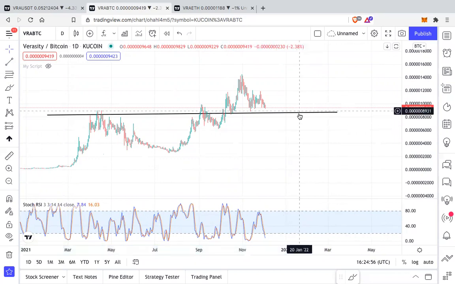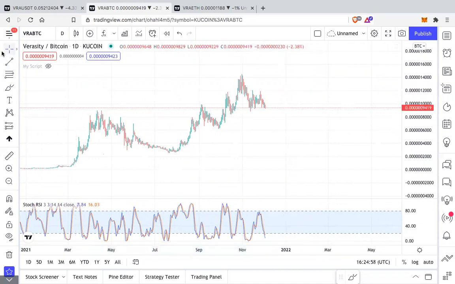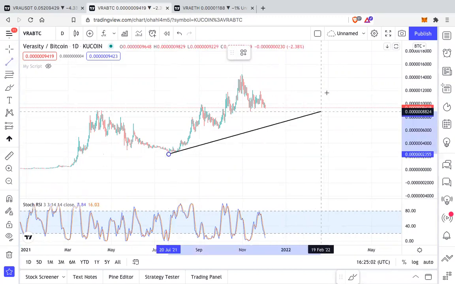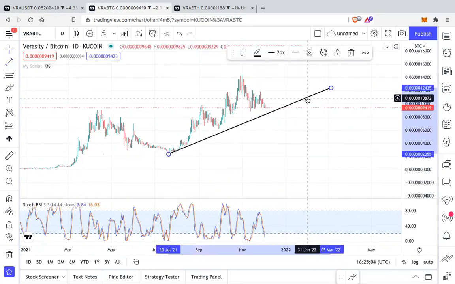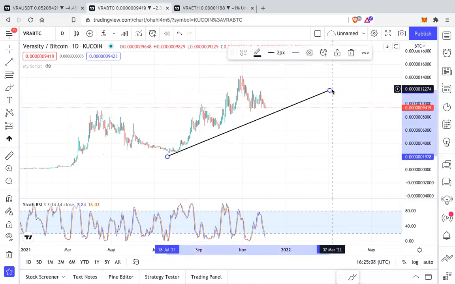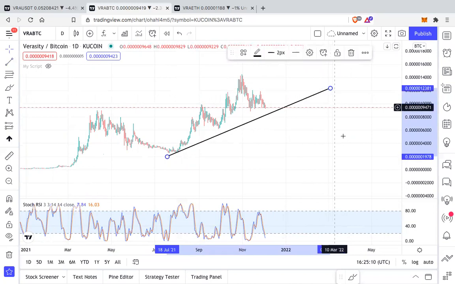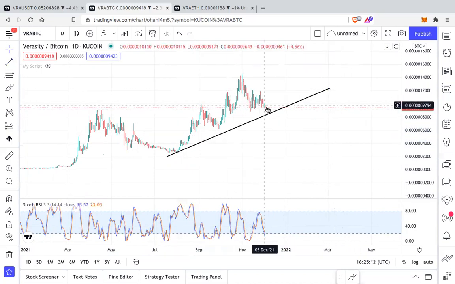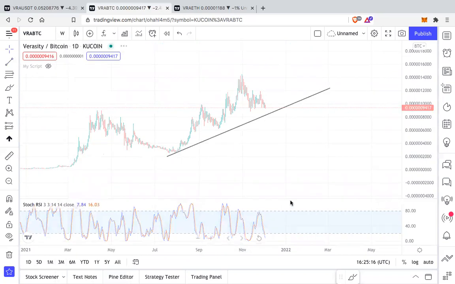So even in the Bitcoin pair, in my opinion, VRA is still very much bullish and it's maintaining its trend. This is the trend line that I see for VRA. And anytime it comes close, respects this trend line and bounces from here would be good.